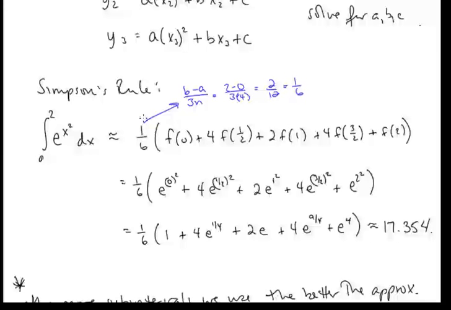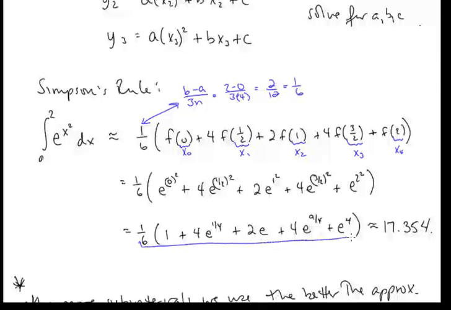So that's that 1/6 here. And then we have a 1, 4, 2, 4, 1 as our coefficients, evaluating at, again, this is x0, x1, x2, x3, and x4.